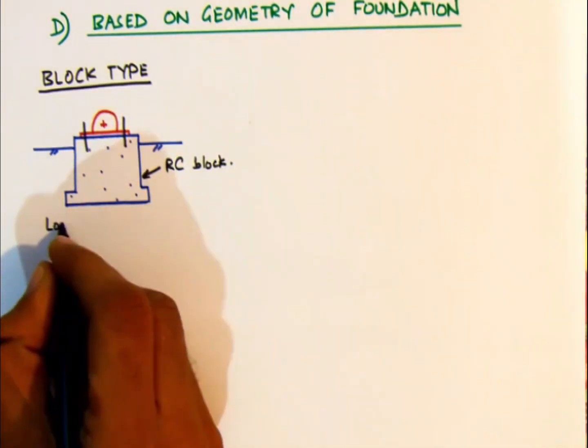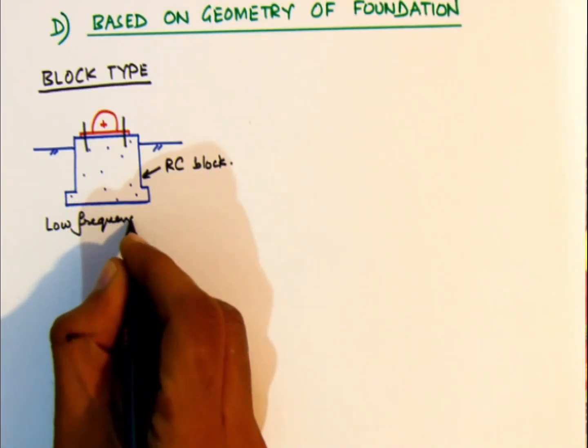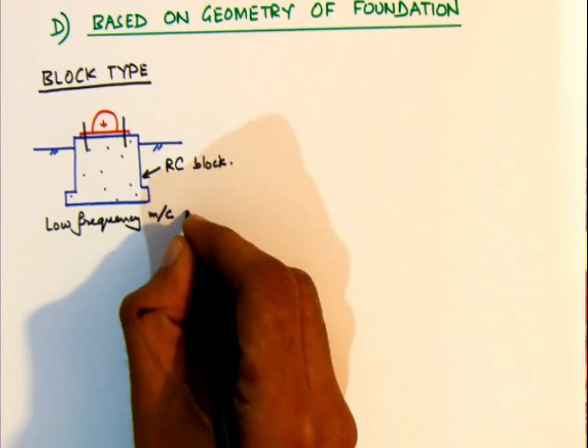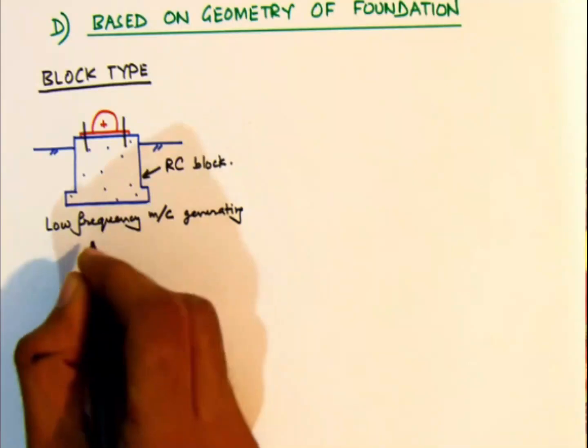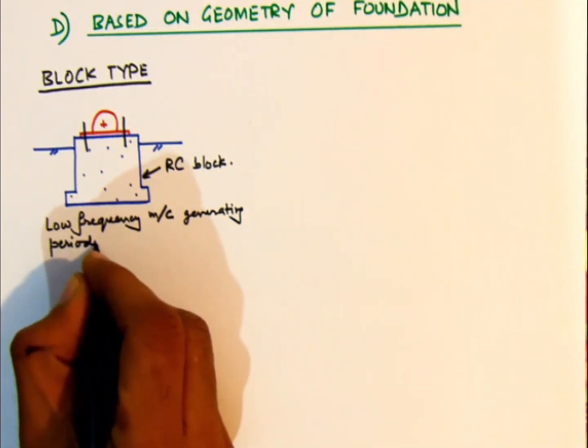These types of foundations are very common for low frequency machines, because these machines do not generate very high forces.